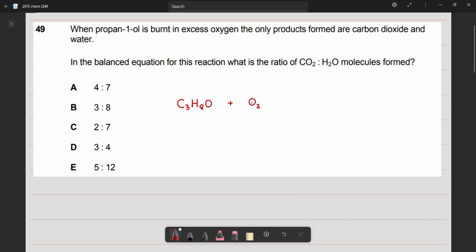So we're not going to first write the balanced equation. We're just writing the general chemical equation, and then as the main products, carbon dioxide and water.